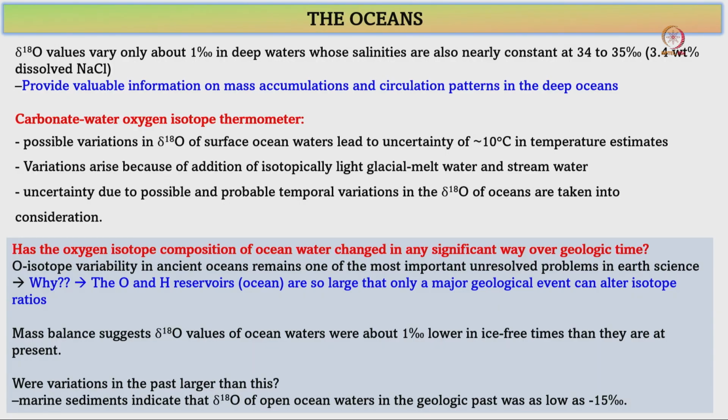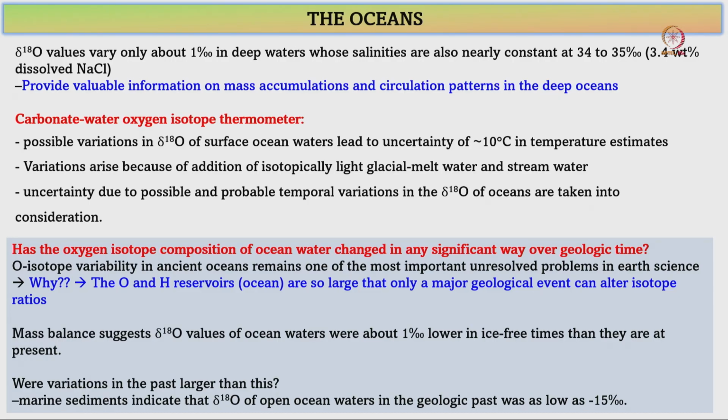So, oxygen both in the water form and in the carbonate reservoir, what is the delta 18O? Using those values, we use these isotope data like reading the temperature. Okay. And possible variations in the delta 18O of surface ocean water can lead to an uncertainty of around 10 degrees Celsius in temperature estimates.